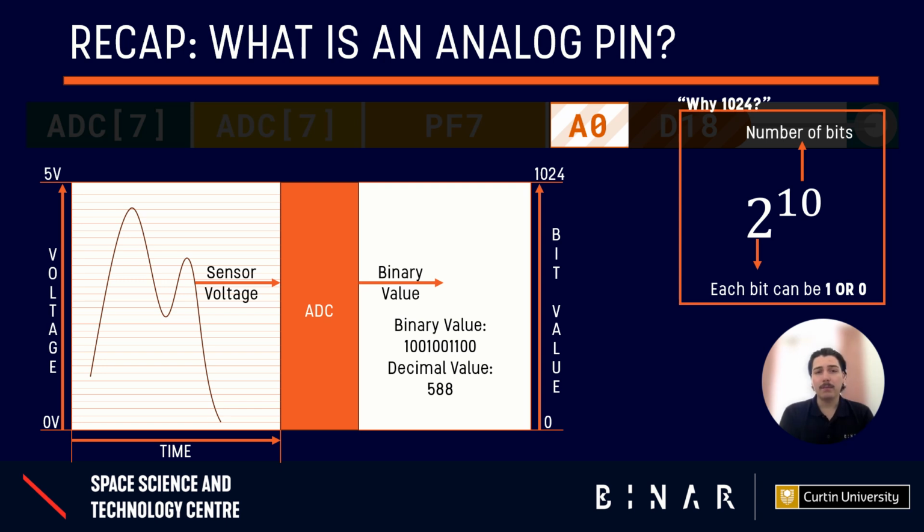This number of bits is divided evenly through the maximum voltage, as seen by the diagram shown, where each one of these cross sections is another step in resolution, and then the sensor voltage is measured over time, which at any given time step goes into the ADC and is converted into a binary value based on this 0 to 1024 scale, based on our 10-bit ADC.